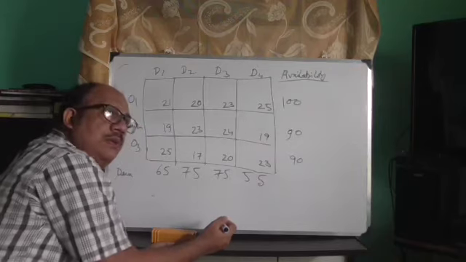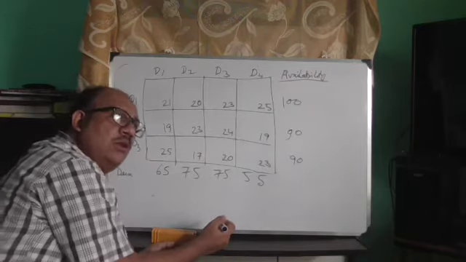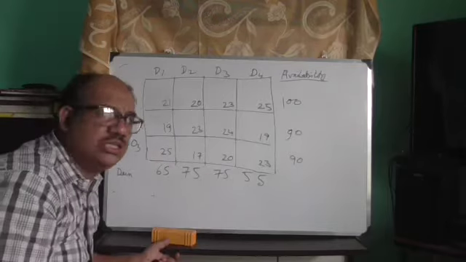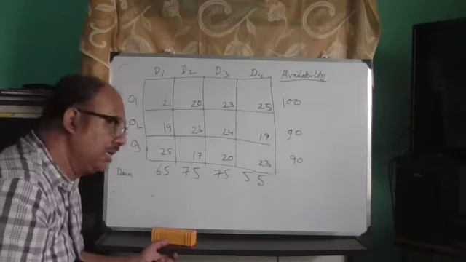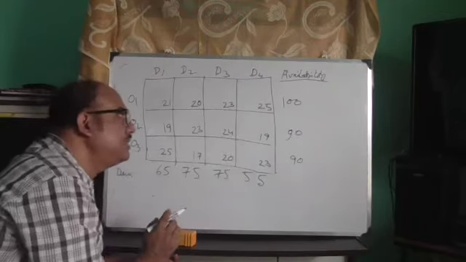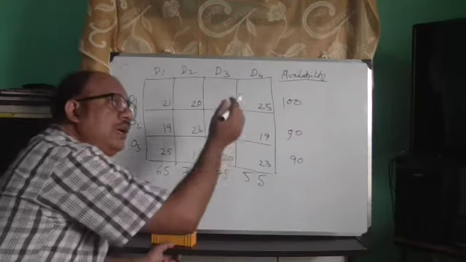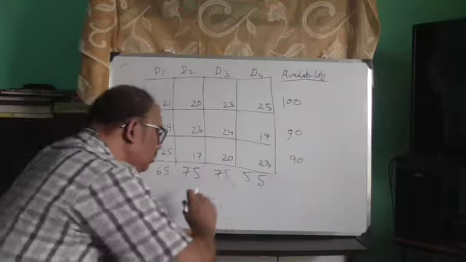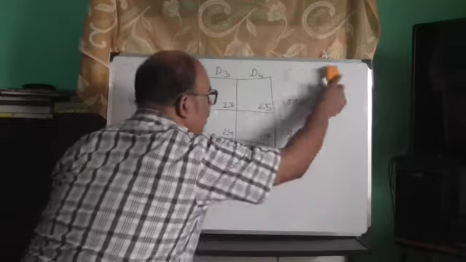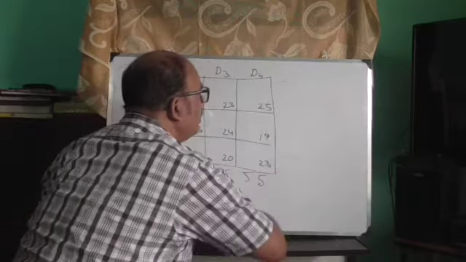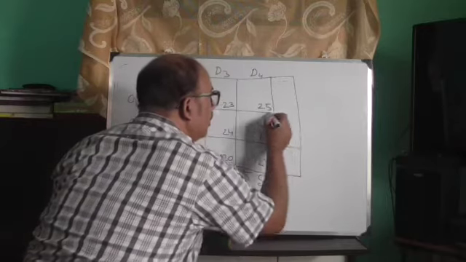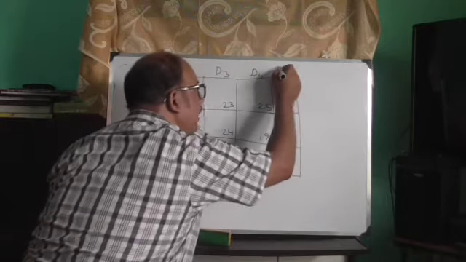So if availability is more, there will always be 10 units which cannot be distributed. But to go to the second step, we have to make the problem balanced. So if the availability is more, then we introduce one fictitious destination with cost as 0 units, D5.